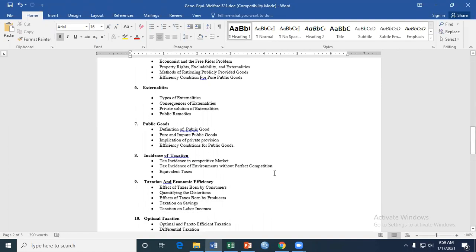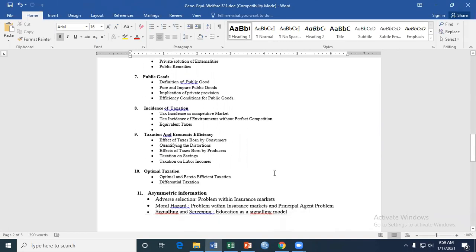Then the chapter of taxation and economic efficiency. Here we will discuss the effect of tax borne by producers, effect of tax borne by consumers, quantifying the distortion, taxation on saving, and taxation on labor. Hopefully, we will discuss optimal taxation and Pareto efficient taxation. Then asymmetric information, and the adverse selection problem in the insurance market.